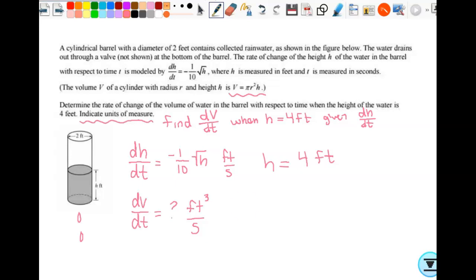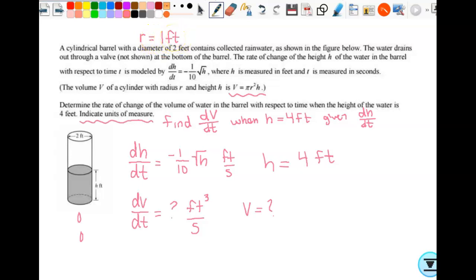Do we have the volume? What else? What else do they give us in this problem? Diameter. And guys, when I look at the formula for volume, pi times the radius squared times the height, if the diameter is 2, then what's the radius? Good, 1 foot.